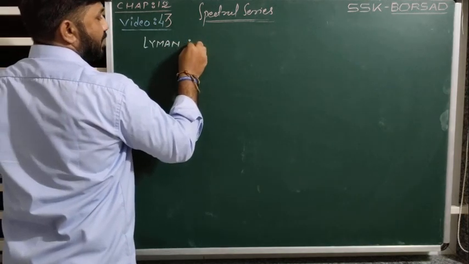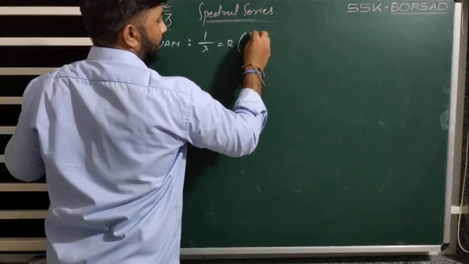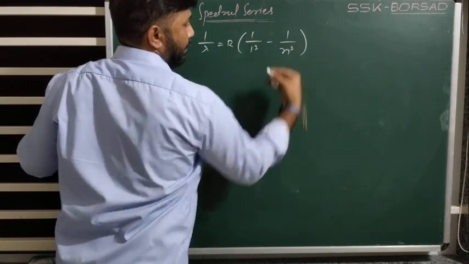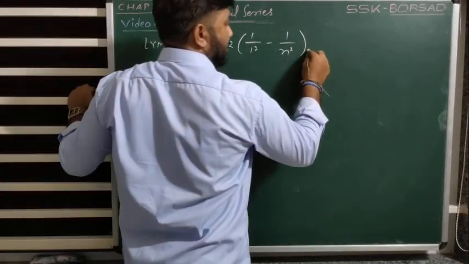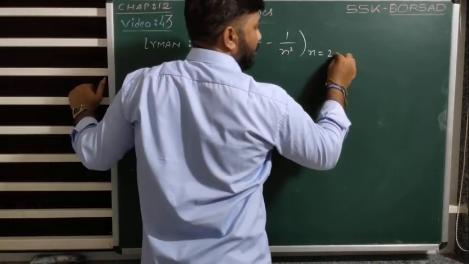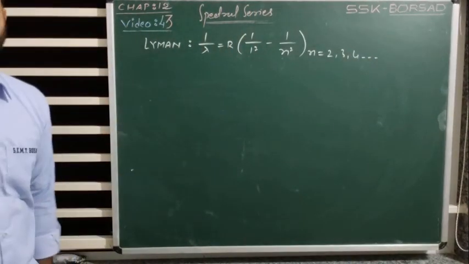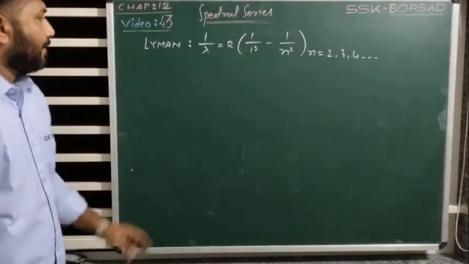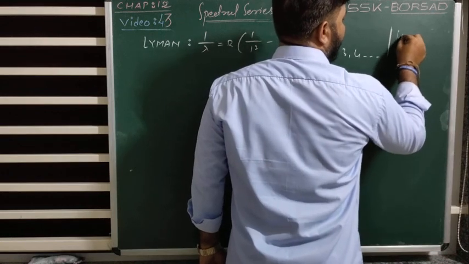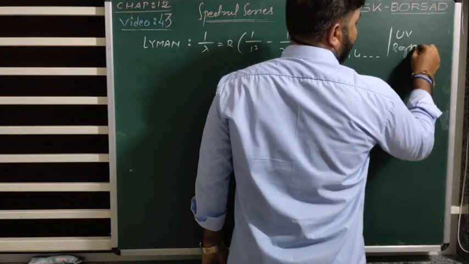Lyman series has the empirical formula 1 upon lambda is equal to R times (1 upon 1 square minus 1 upon n square), where n starts from 2, 3, 4 and so on. Got it? And this Lyman series is for which type of region? UV, ultraviolet region.